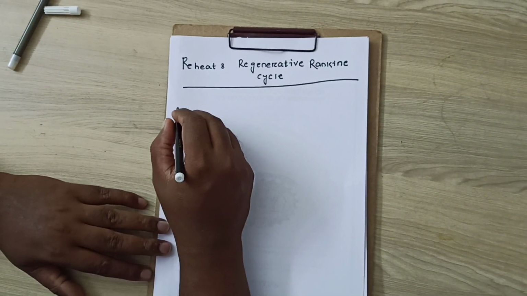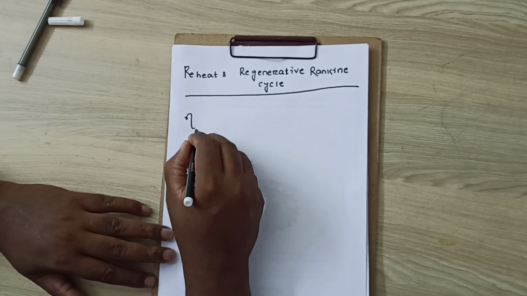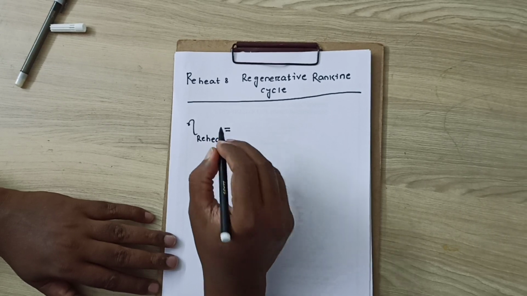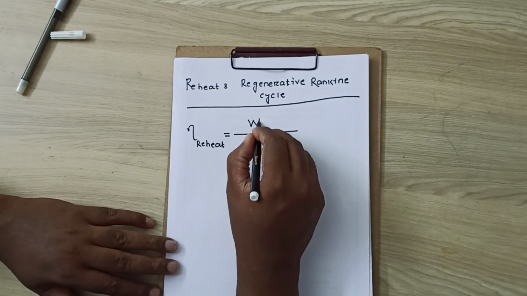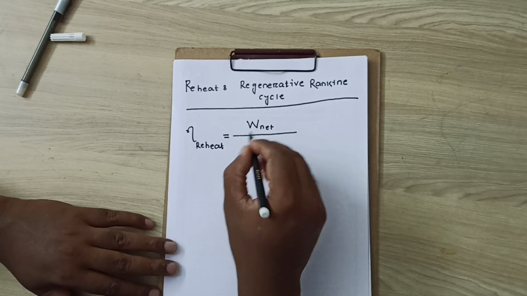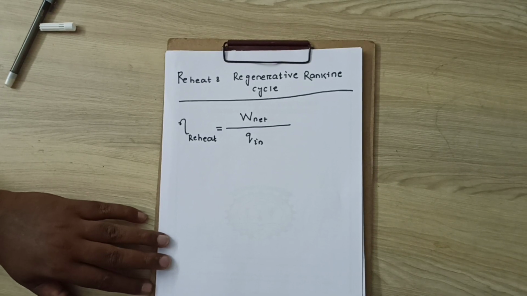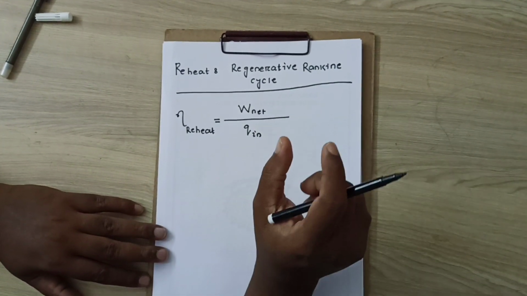So what we have studied in our previous classes is the efficiency of the reheat cycle. In a broader sense, this efficiency we have written as W net divided by Q in. And you remember in this reheat Rankine cycle, there was a series combination of two turbines.